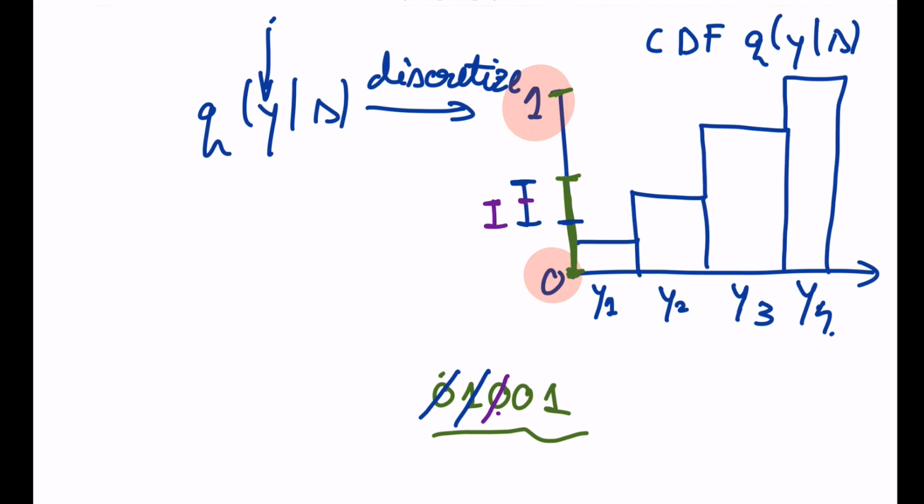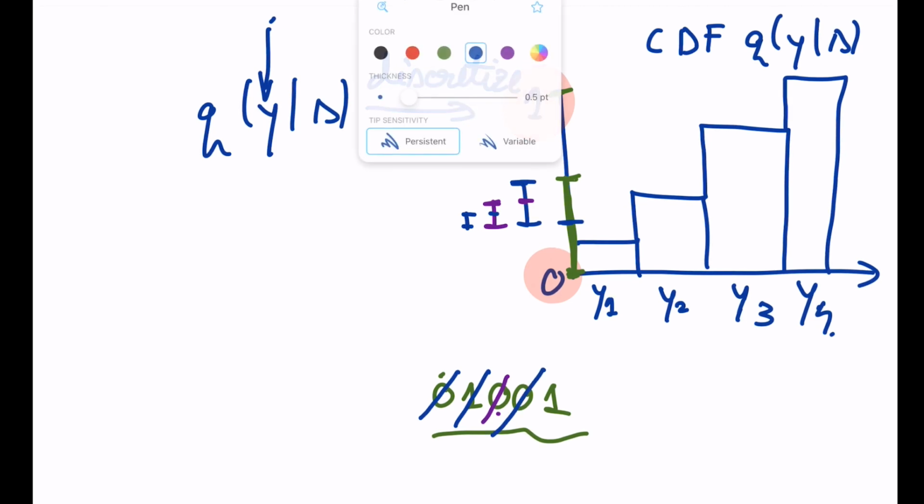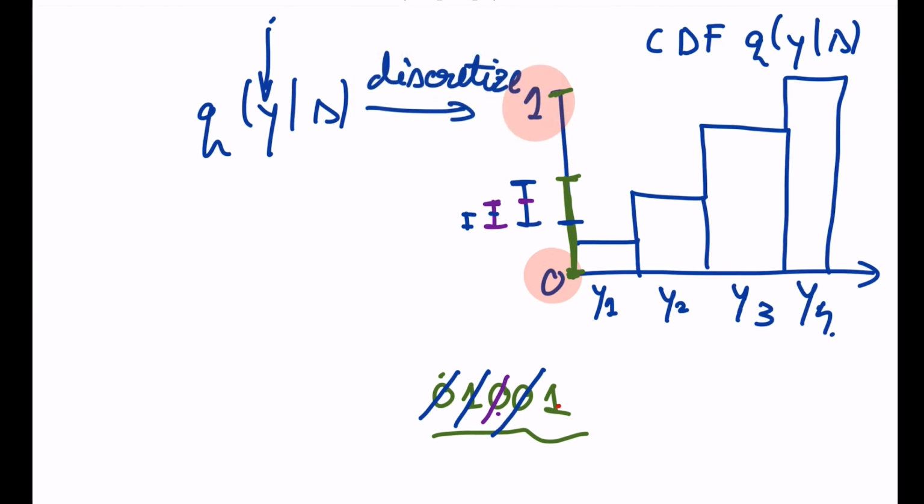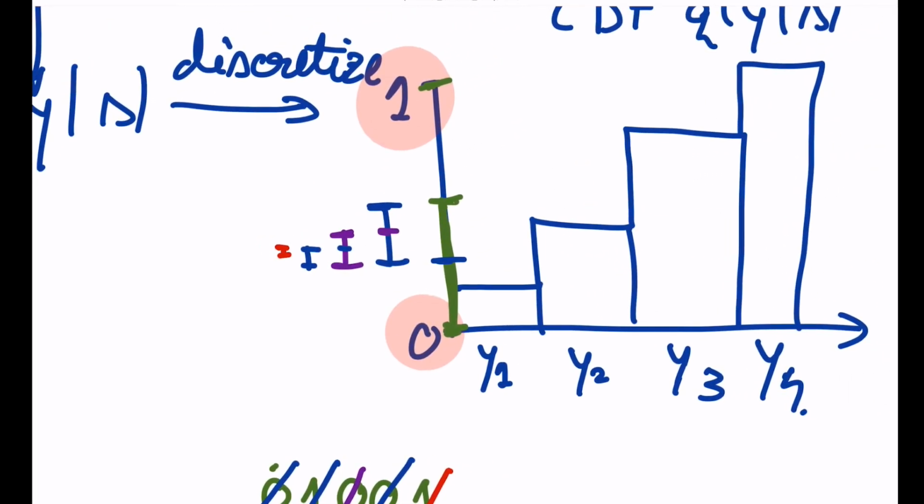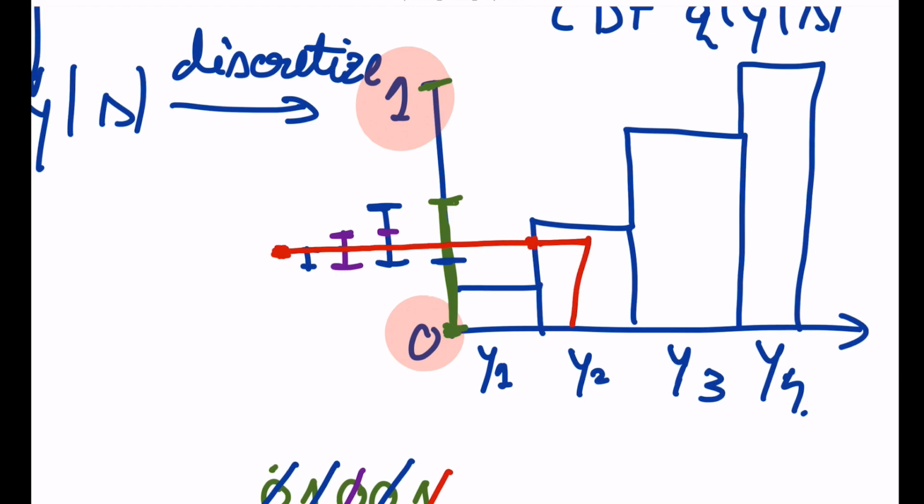Now I have a 0, so in this interval, I am going to look again at 0. And finally, we have a 1. So in this interval, we look just at the one at the top. So now we got to an interval. And you see, if you map that interval back to this inverse CDF, we touch this one. So we essentially sampled a Y2.